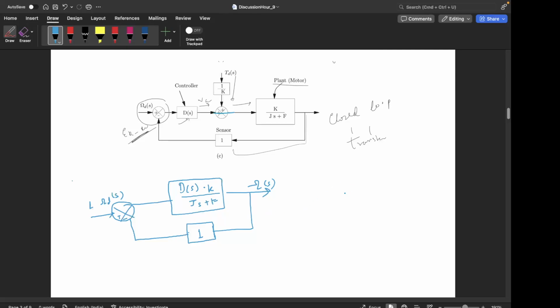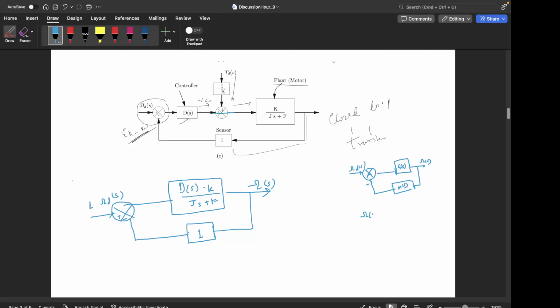On a side note, this is a very common type of block diagram. The typical closed loop system is denoted like this: there is the model, then there is feedback HS, and this is negative feedback, because we are taking the error, we are subtracting them.